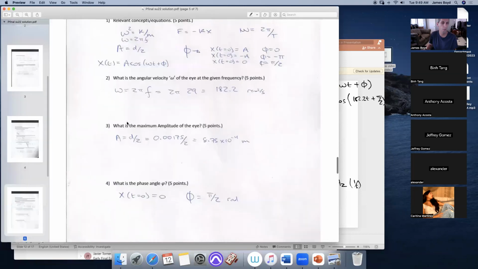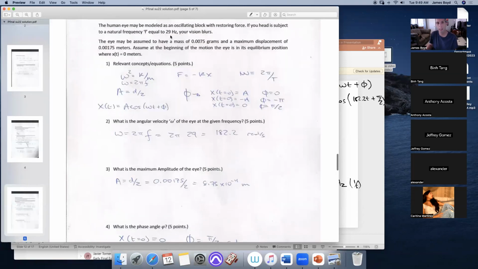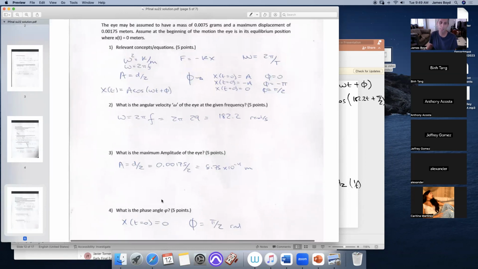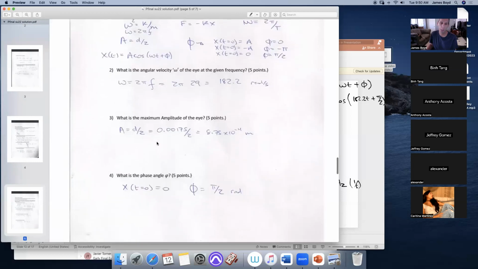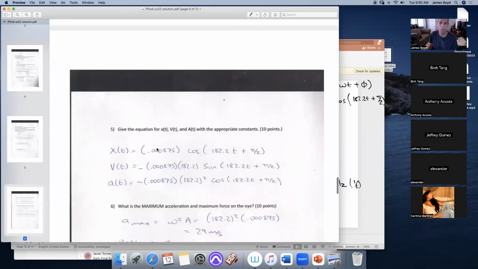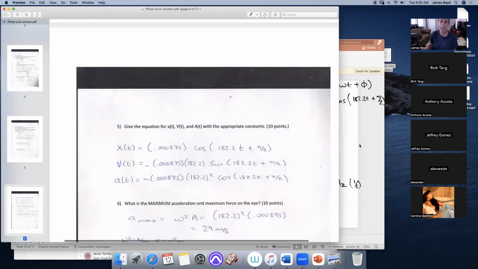I found omega because I was given the frequency. I found A because I knew the maximum displacement. And I found the phase angle because I knew at time 0, x was 0. I put all those in, and I will usually ask you for the equation with your constants for x, v, and a.